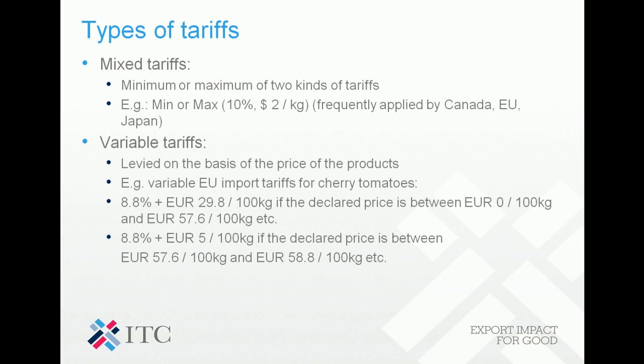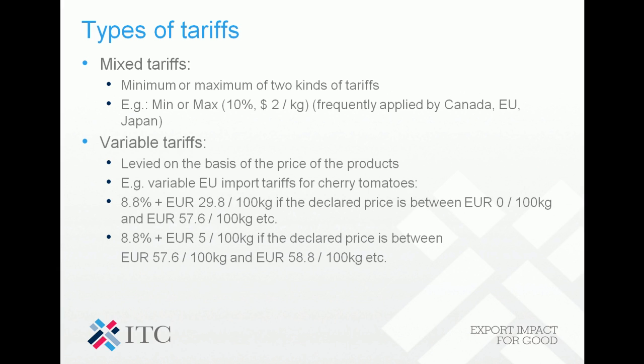In contrast to the normal ad valorem tariffs, specific tariffs or compound tariffs described above, there are also variable tariffs. They are levied on the basis of the product price or the unit as well, but the percentage rate or tariff per unit varies with the product price. For example, there are variable compound tariffs for EU imports of cherry tomatoes. If the declared price is between 0 and 57.6 euros per 100 kilograms, the tariff is 8.8% plus 29.8 euros per 100 kilograms.